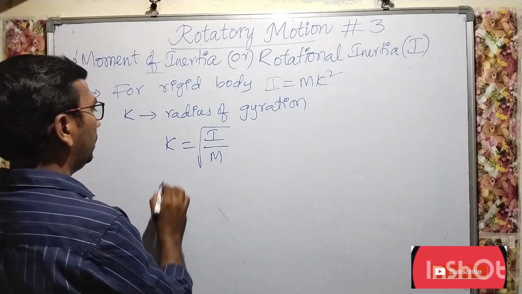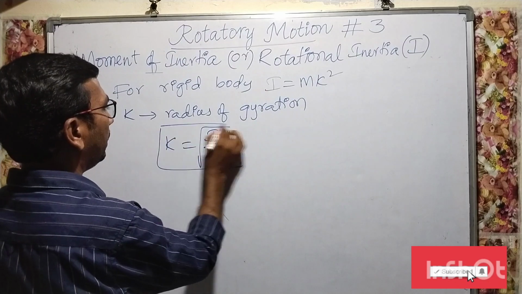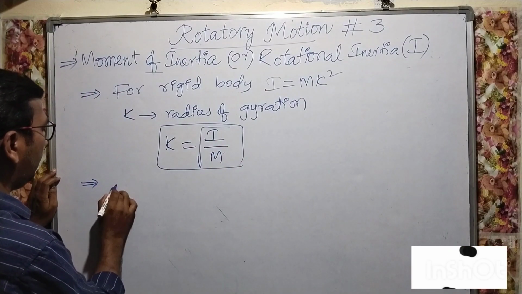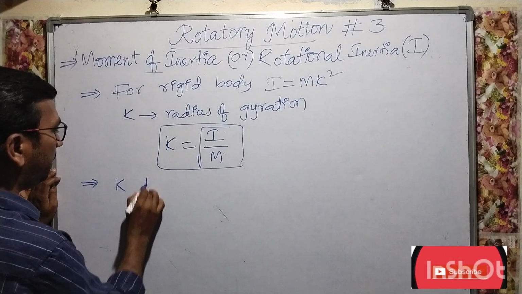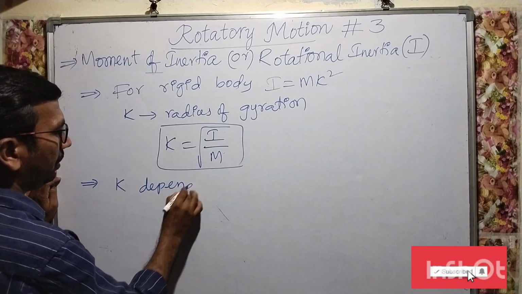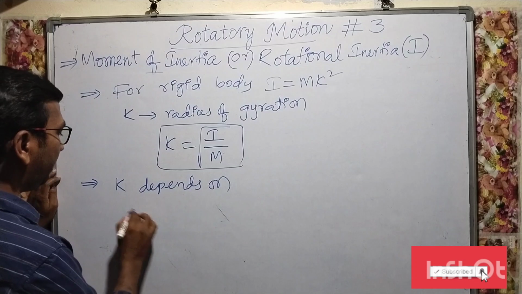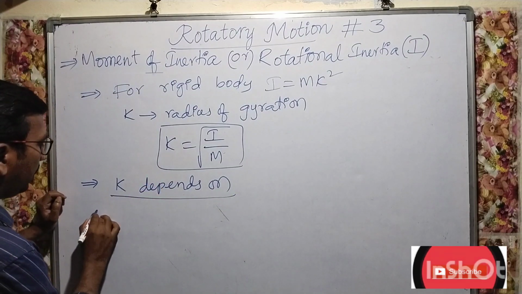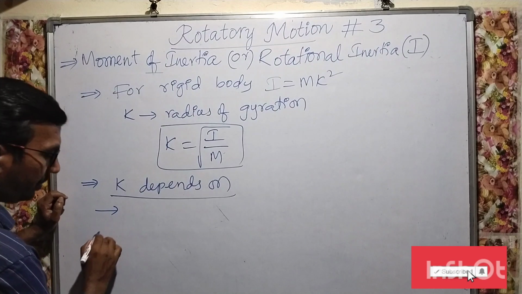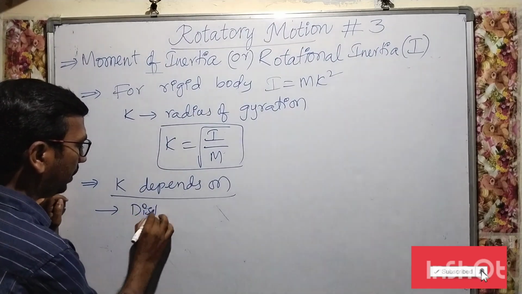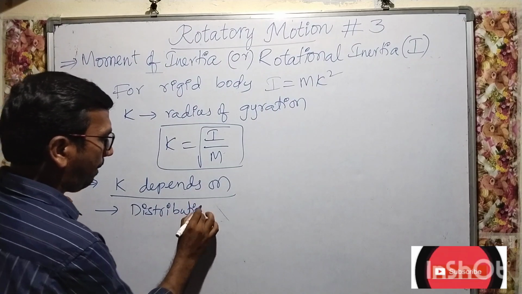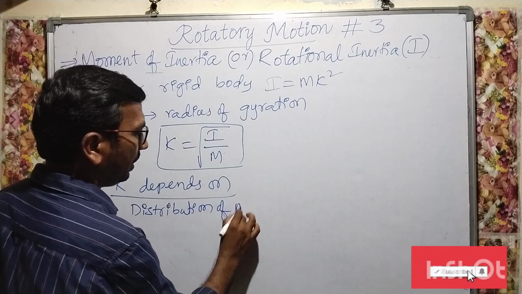This is the radius of gyration formula. Radius of gyration depends on the distribution of mass of the body.